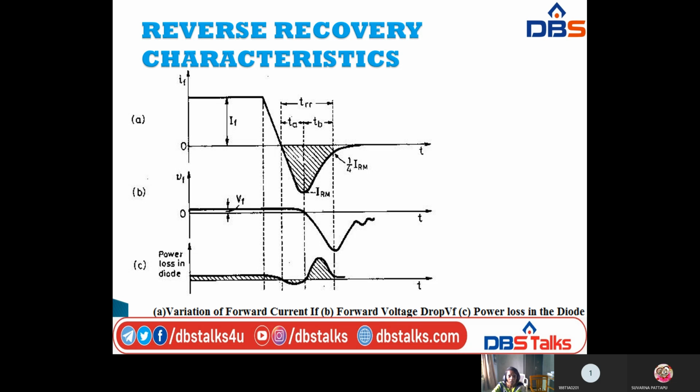The forward current IF flows continuously in the forward direction for a sinusoidal wave, up to this point. After that, the current decreases as the diode goes into reverse bias. In reverse bias the current slowly decreases, the reverse current IRM goes like this, and then the current comes to zero.